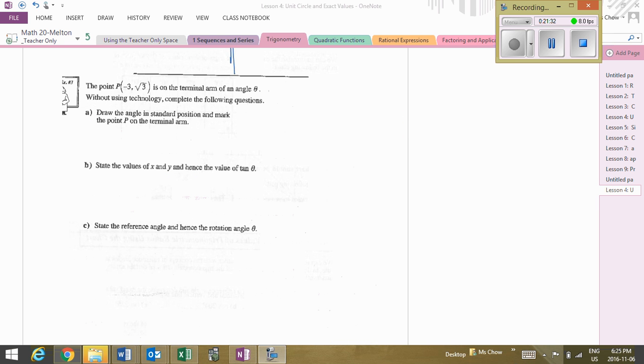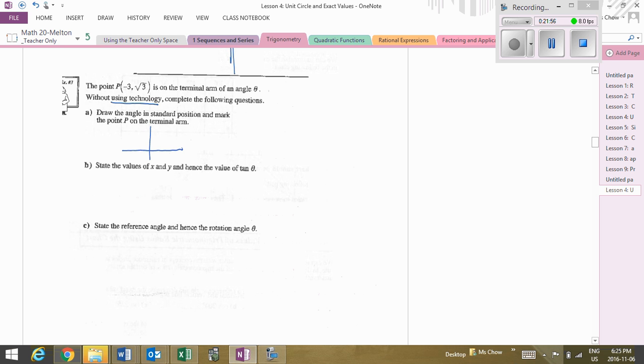If we look at class example number 3, we've got the point P (negative 3, root 3) on the terminal arm of angle theta. So without using technology, and we can see that we've got some exact values here, we want to draw the angle in standard position. So angle in standard position means that I'm looking at where that terminal arm is.